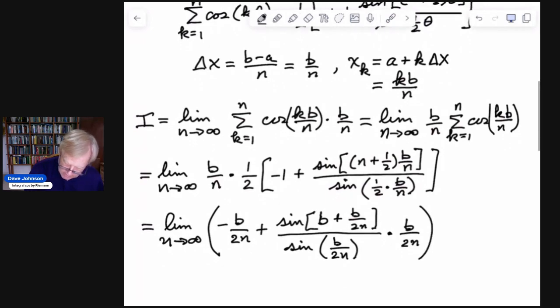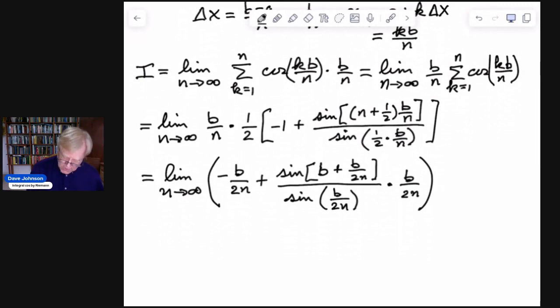Okay, so now we want to take the limit of this. This is going to go to 0, as I said. The limit of the sum is the sum of the limits. And so that first term, the limit of that is 0, because n is going to infinity. And so we look at this limit here.